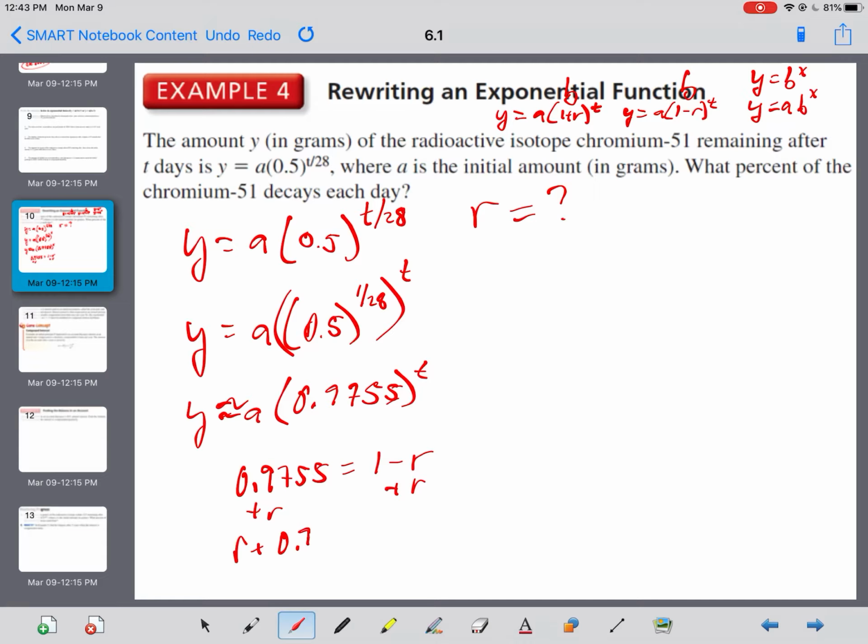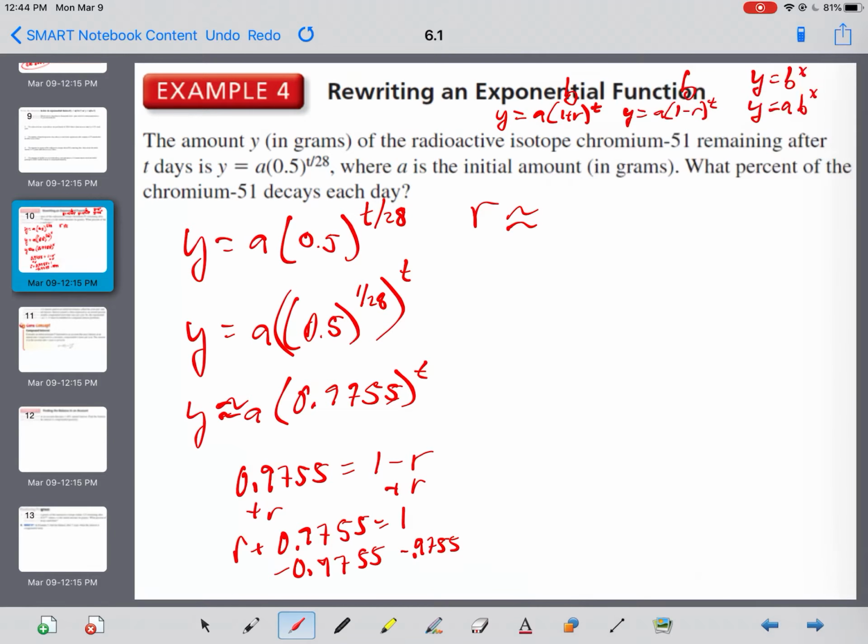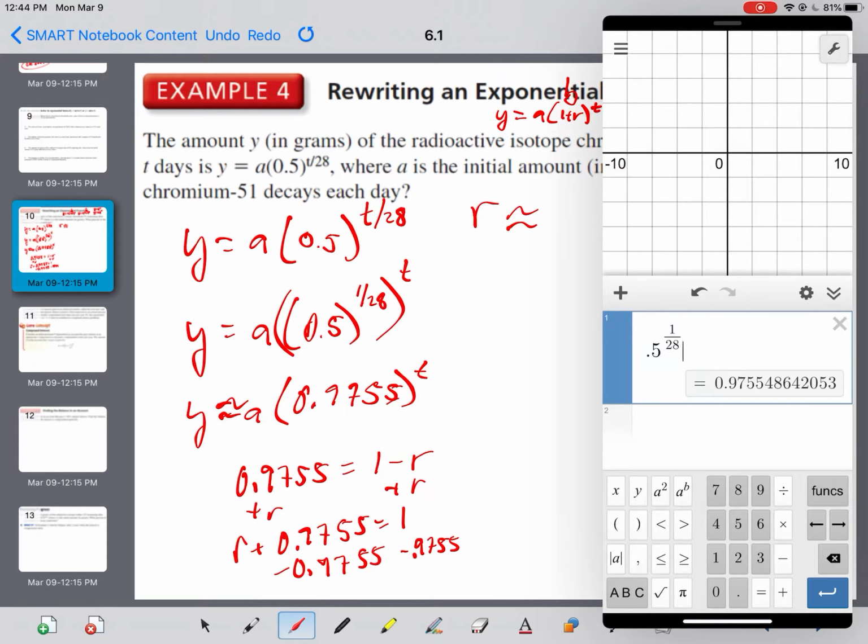Okay. Add the r over. r plus 0.9755 equals 1. Subtract 0.9755 from 1. So r is approximately, and we are going to be squiggly now because I approximated, because that decimal is irrational, goes on forever. So let's take 1 minus that.